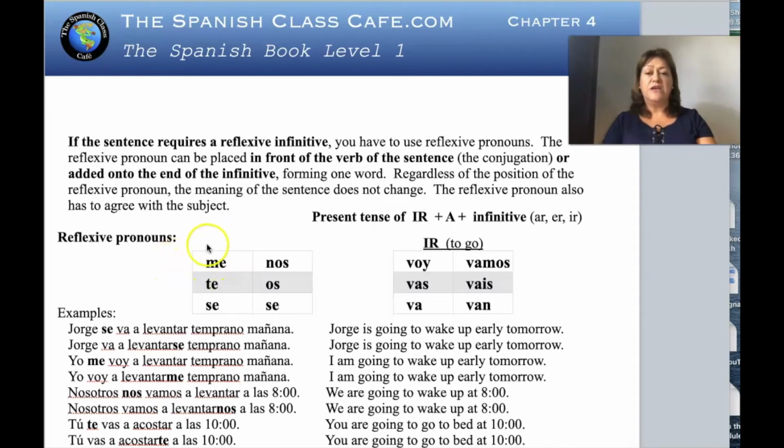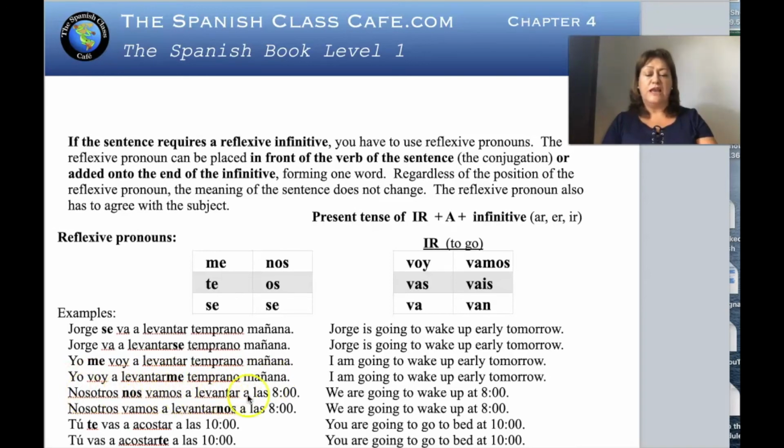The yo matches the first position on the left. Then it will be yo me voy. You grab the a, don't forget the a, and then yo me voy a levantar temprano mañana. Now you can change it to the back. You move it from here, attached to the infinitive. Yo voy a levantarme temprano mañana.